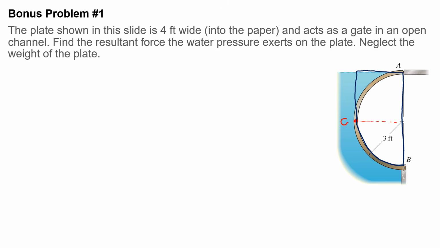Okay, so the direction of this would be up, right? So just to recap everything, I'm going to say force acting on CB. I'm going to remove this from here and draw it over here. It will look like this.